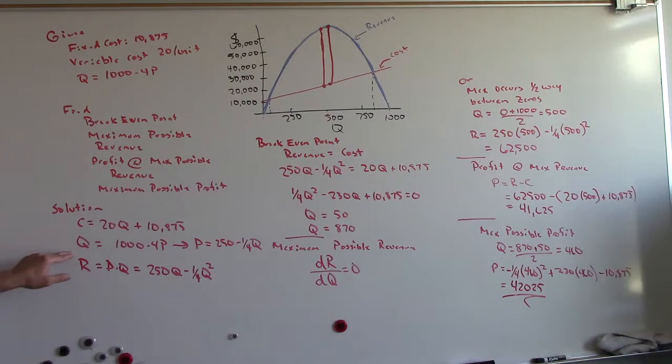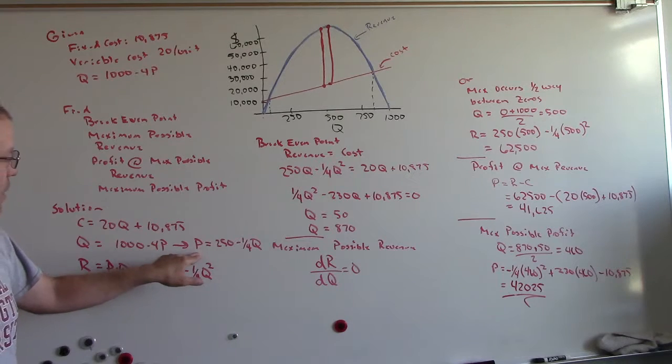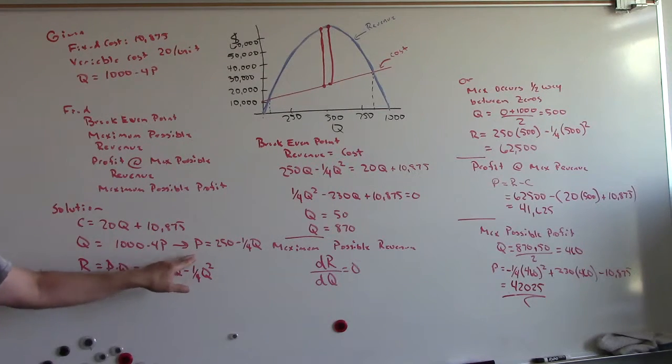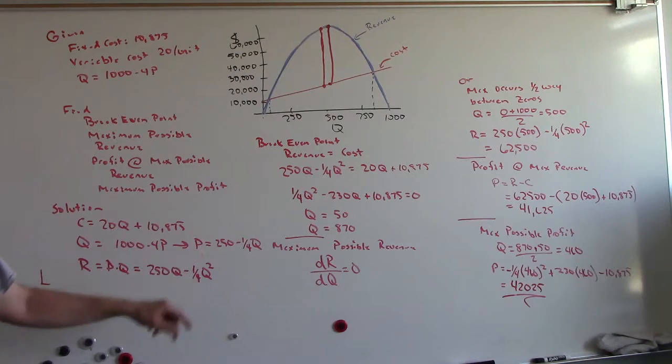In addition to this, we're able to determine a price equation by algebraically manipulating our quantity equation so that price is equal to $250 minus 1/4 of Q. This is nothing more than just throwing a little bit of algebra at this in order to arrange it so that we have solved for P instead of Q.